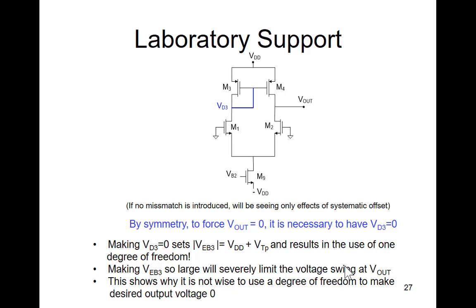On that design, if the quiescent offset voltage was +1 or -1 volt, it probably won't make much difference in most applications. So it's an easy way to use up a degree of freedom, but you have so few degrees of freedom around, it's usually not advisable to use up a degree of freedom to make the offset voltage equal to 0. If you want the systematic offset to be 0 in this structure, if it's necessary, you might be better off when you're all done to go in and tweak a dimension on M3 or M4 slightly to drive that offset voltage down. Don't use a degree of freedom up to do that.